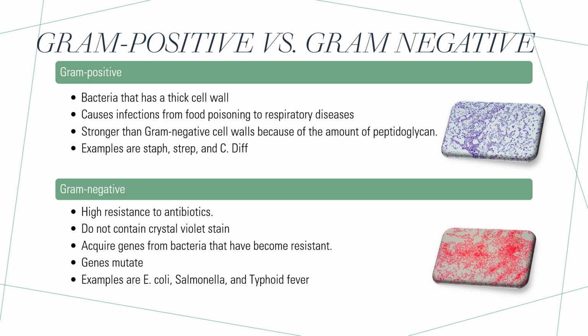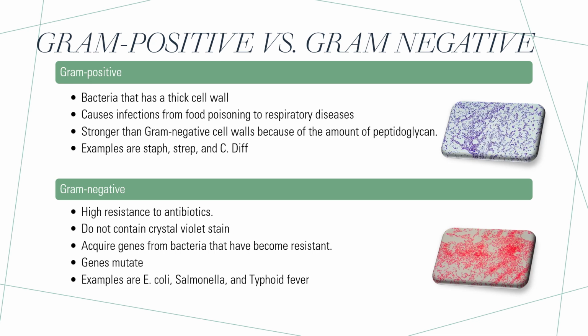Some examples of gram-positive bacteria would be staph, strep, and C. diff. I provided a little slide and you can see that they typically stain this purple color.